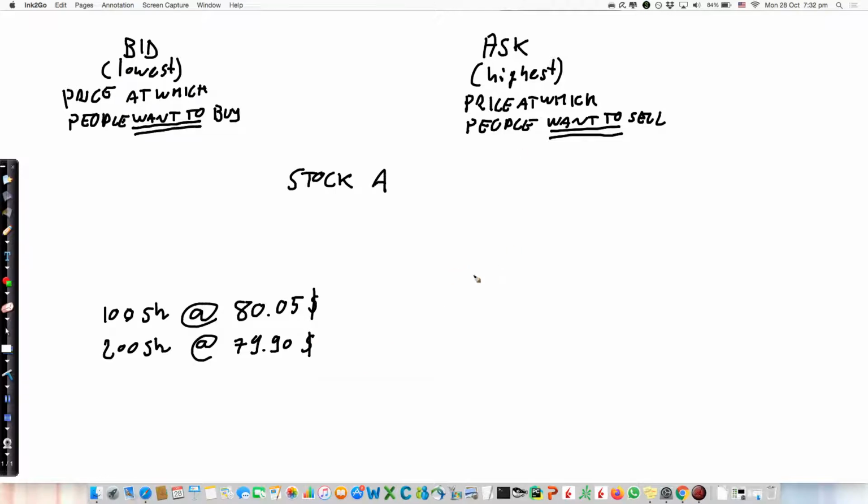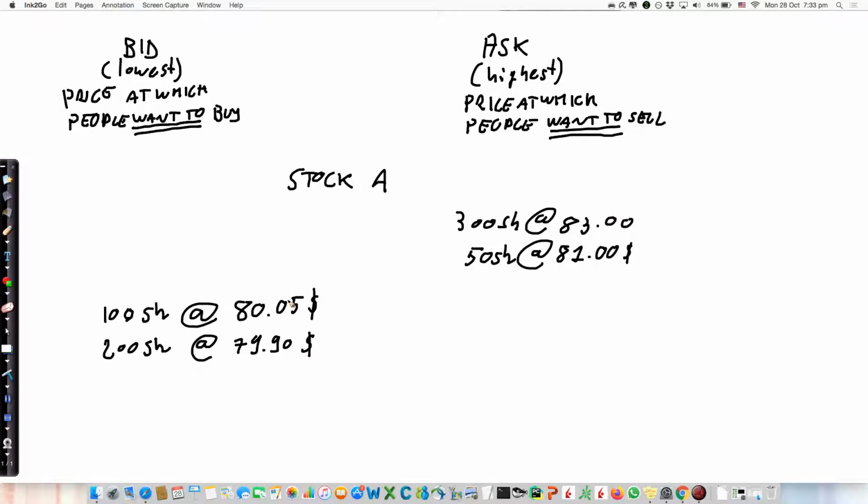What about here? Well, let's say that someone is willing to sell 50 shares at 81.00, okay? And someone else is willing to sell 300 shares at 83.00, okay?